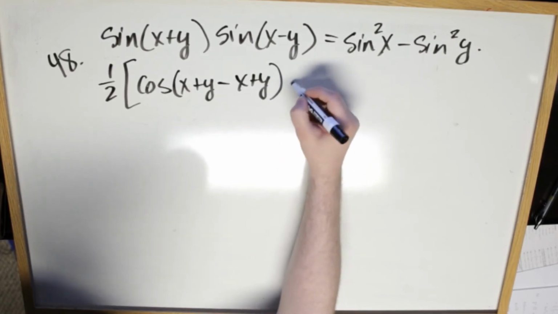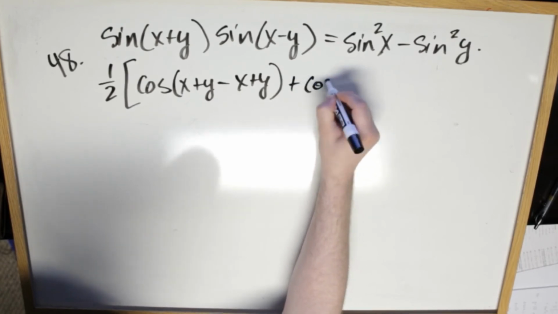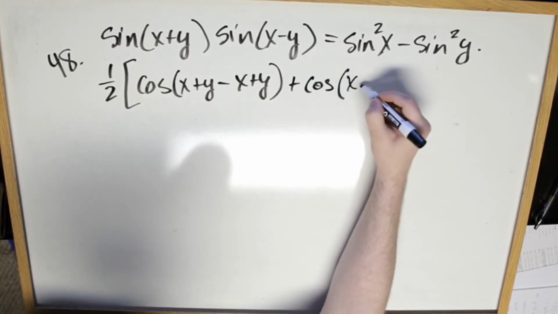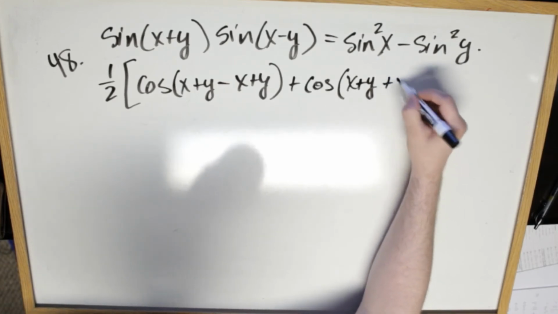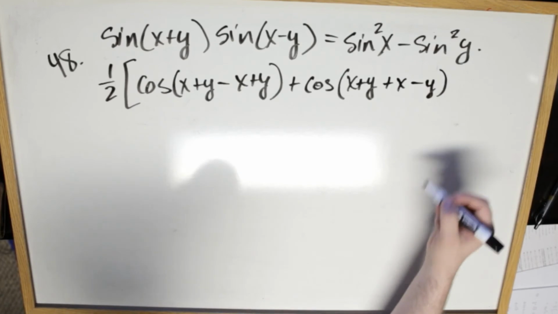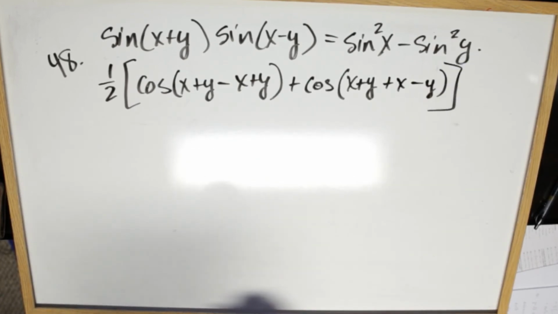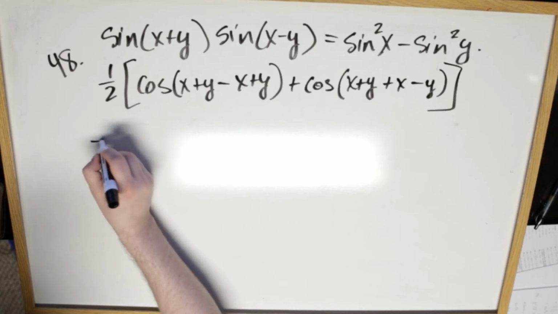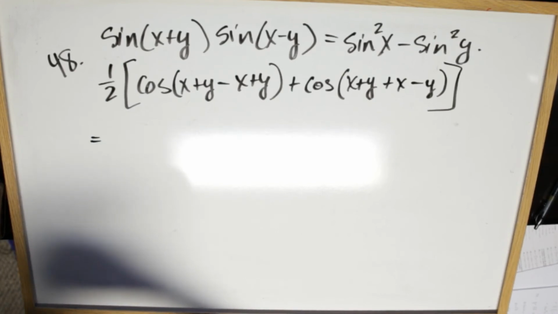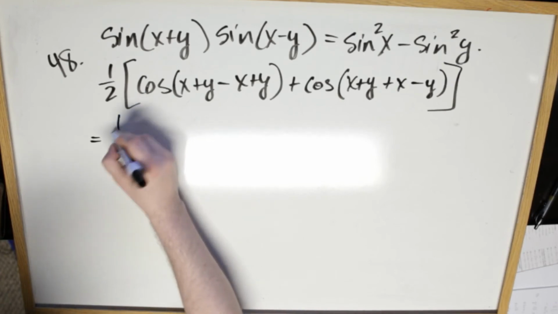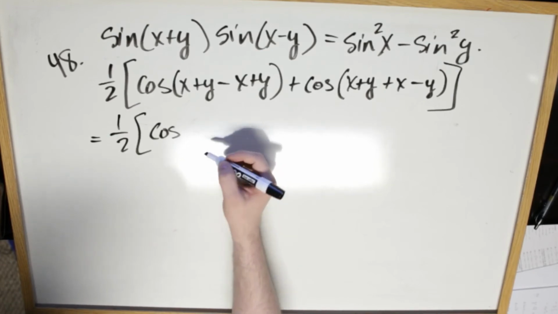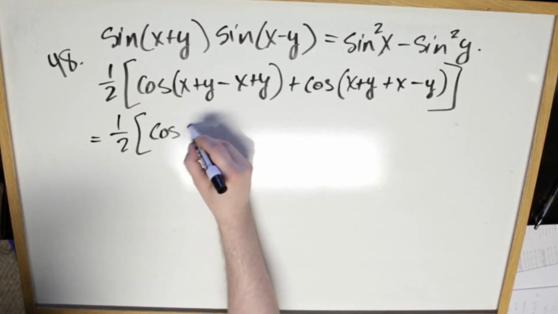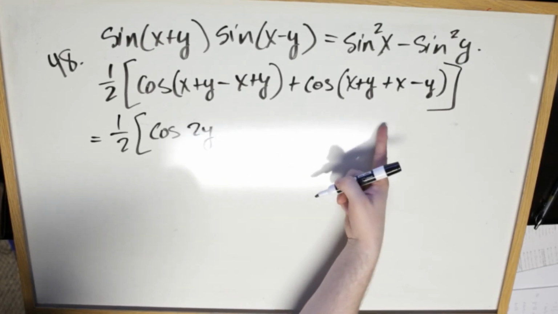And the second part is going to be plus cosine of x plus y, or sorry, this is a plus x minus y. Okay, that's a fun one. So this is the same thing as, well, let's just simplify all this. So this is going to be cosine of x plus y minus x plus y. This is going to be 2y. And this is going to be cosine of 2x.